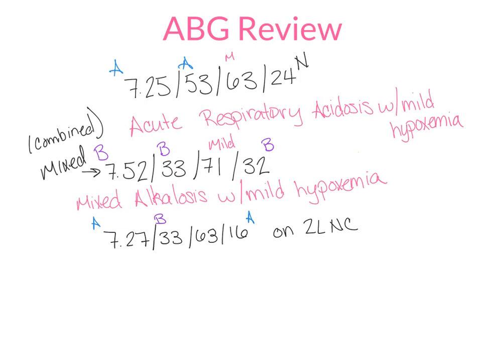So let's look at our oxygen. So it's not in that 80 to 100 range, so it is not corrected. So it's decreased. So when we name this ABG, we are going to say that because both CO2 and the bicarb have changed to opposite, one's acidotic and one's alkalotic, we're going to say it's partially compensated.